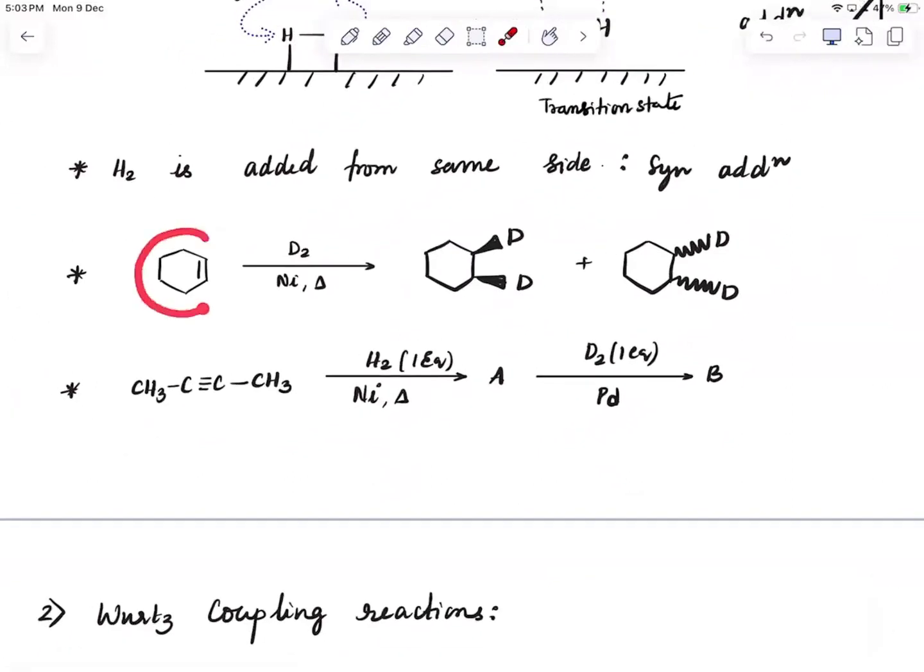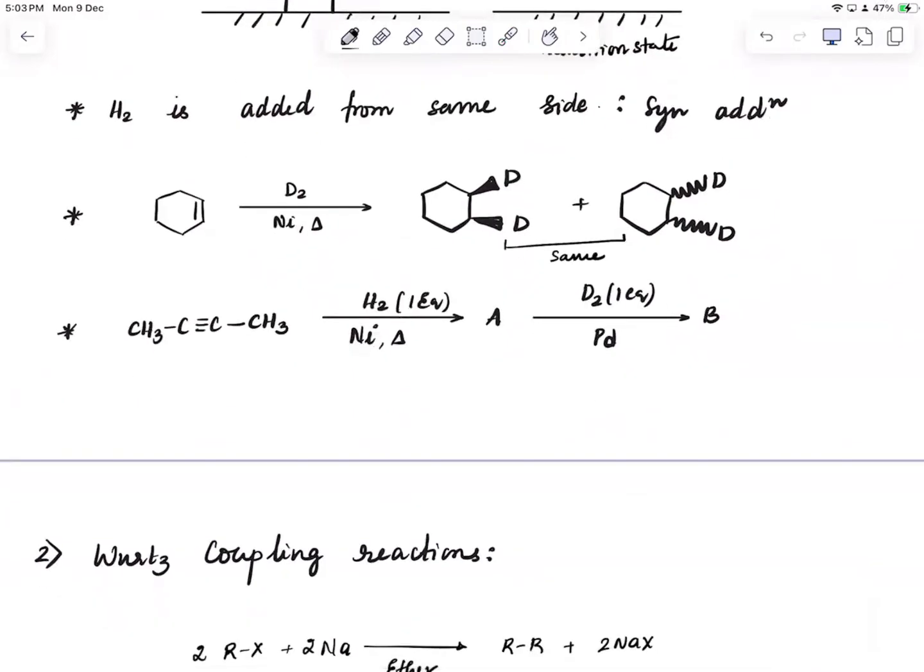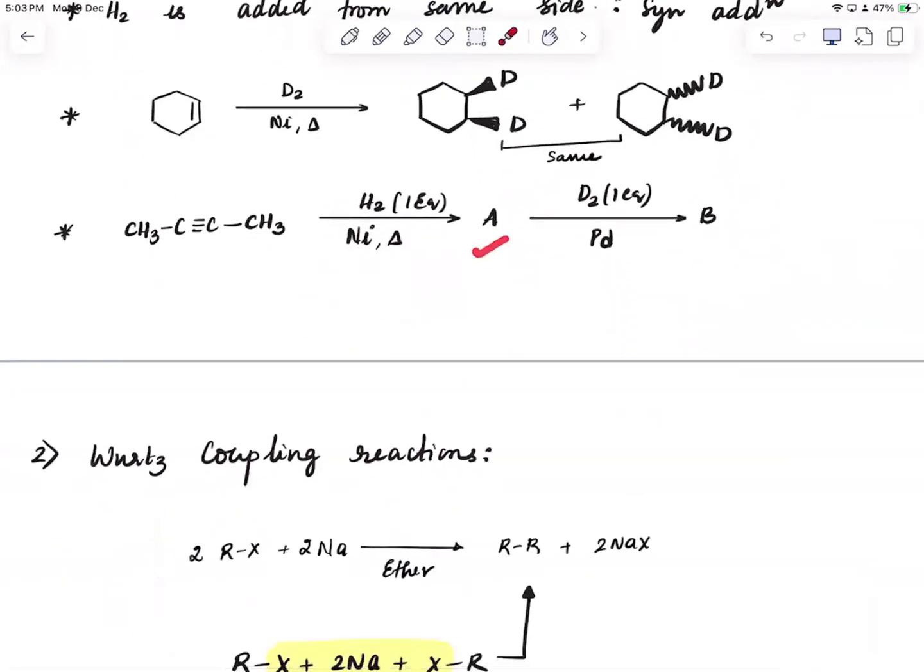So suppose we have a cyclohexene and deuterium is added in the presence of nickel, both deuteriums should be on the same side. Well, in this case, because it is a meso form, these two molecules are the same, but it is not necessary that they always have to be the same. For example, if you notice this A and B product here, suppose there is an alkyne here. H2 is added in the first case, which is a syn addition. Syn addition will give you a cis product here, which means a double bond here, hydrogen here, and hydrogen here.